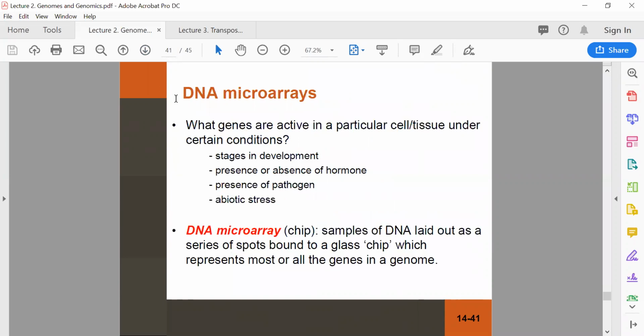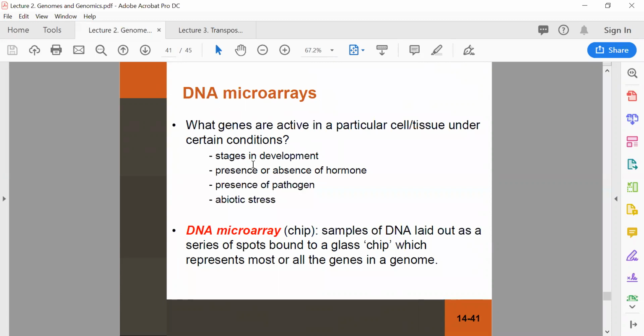All right, so how do they actually study a transcriptome? That is a collection of all the RNA transcripts that you would find in a cell. They use, or they used to use, something called DNA microarrays, and these are just recently starting to be replaced by, once again, new technology. So these DNA microarrays can answer the question, what genes are active in a particular cell under certain conditions?